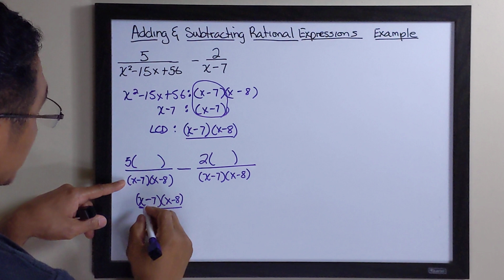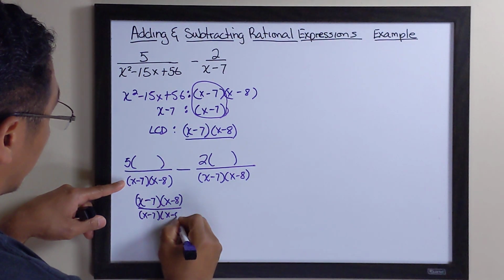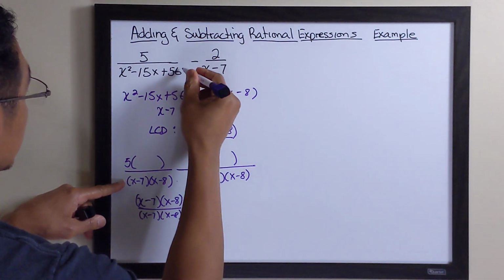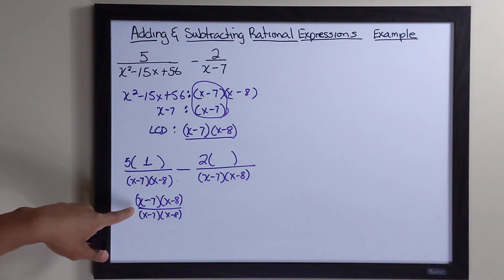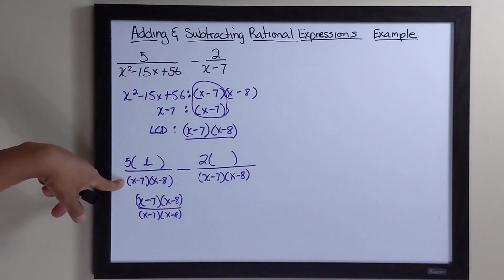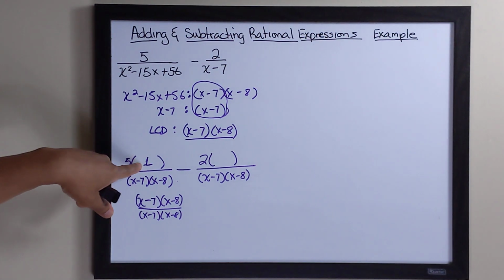So what you're doing is dividing this number by itself, and that will give you 1. That's all I'm doing. I'm taking the new denominator and dividing it by the old denominator, which gives 1, and I put the number here.